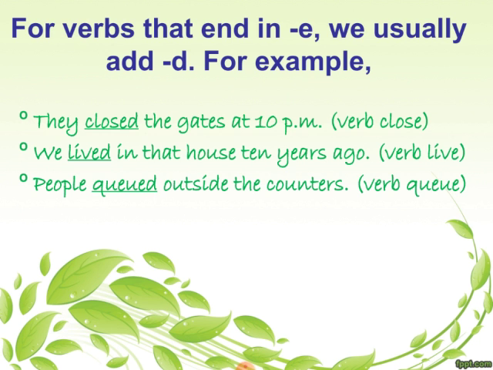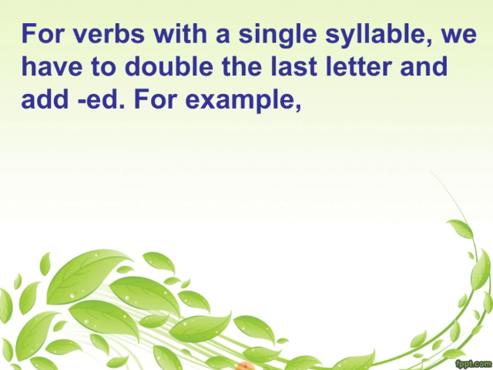Verb queue becomes queued. For verbs with a single syllable, we have to double the last letter and add ed. Single syllable, like the movement of your tongue: fat, thin. So when you get a single syllable, you have to double the last alphabet of the verb.